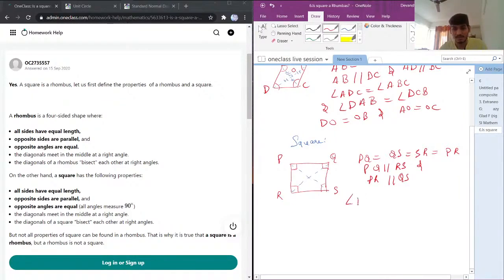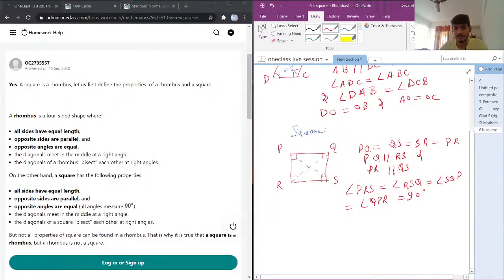So angle PRS equals angle RSQ equals angle SQP equals angle QPR equals 90 degrees.